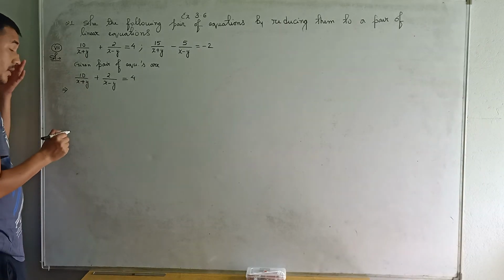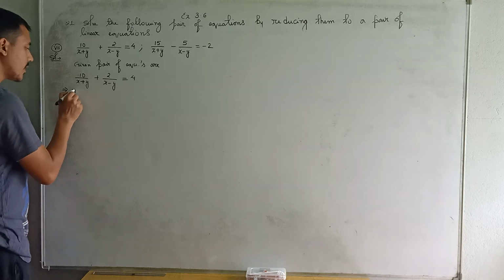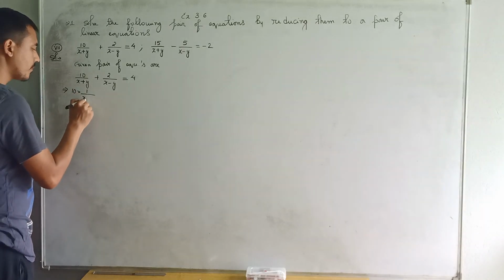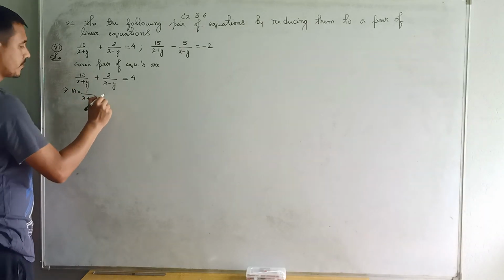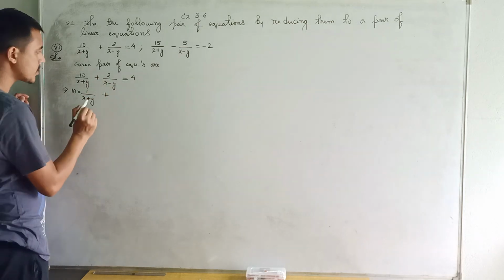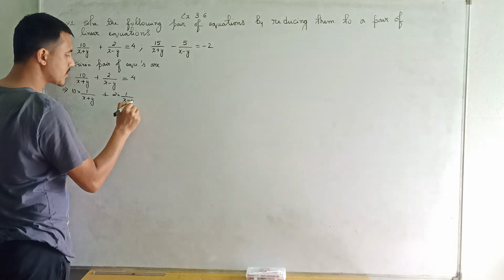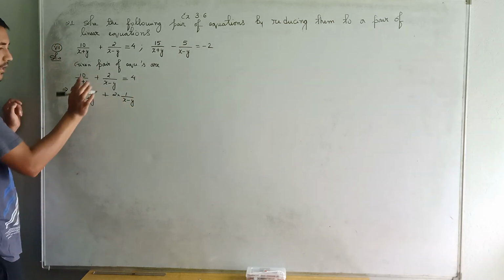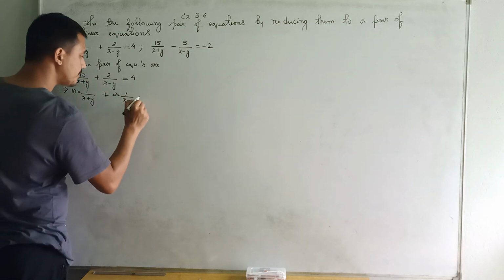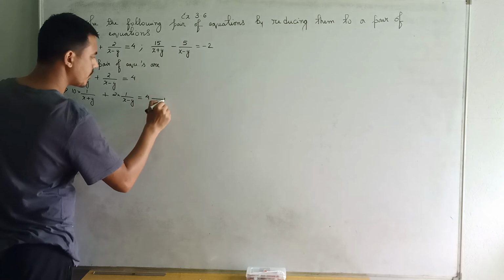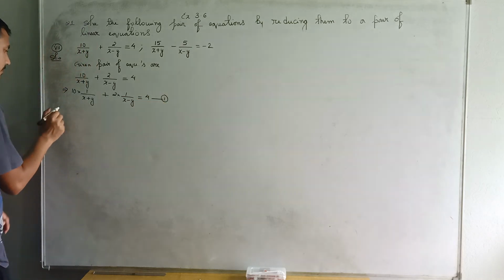So 10 upon x plus y can be rewritten as 10 times 1 upon x plus y. 2 upon x minus y can be rewritten as 2 times 1 upon x minus y. You multiply back, you get the same thing, right? Is equal to 4. This is your first equation.